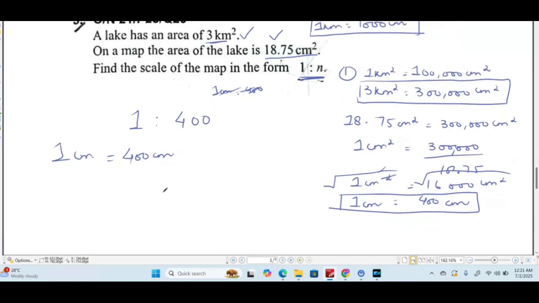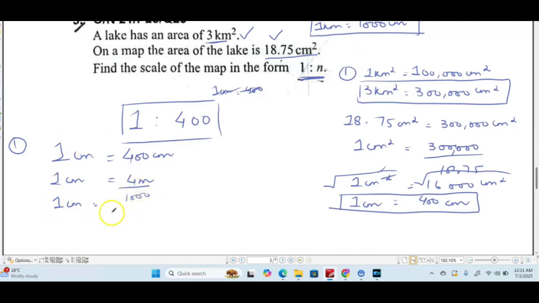If we do this question the other way around, let's suppose that we have been given the scale of the map. In the first step we will convert it into kilometers, since the figures in the question are in kilometer square and centimeter square, so we need to convert centimeters into kilometers first. So this will be 4 meters, and 1 centimeter is equal to, when you divide it by 1000, 0.004 kilometers.